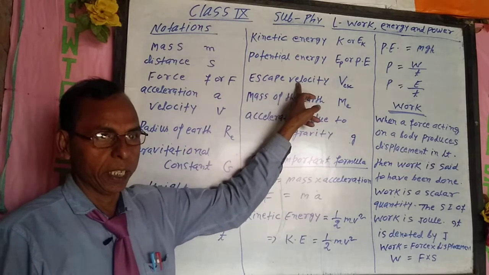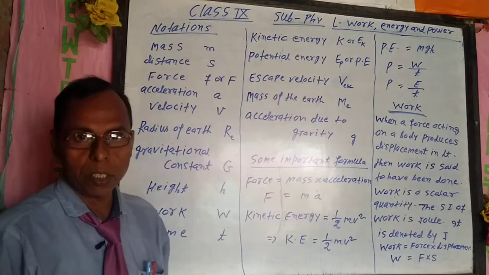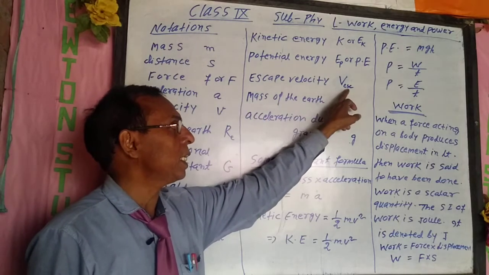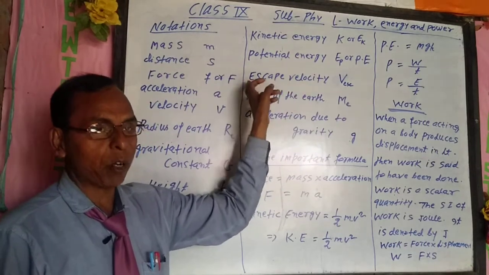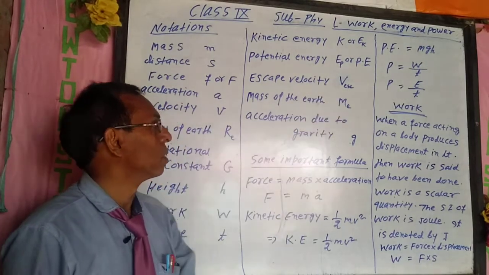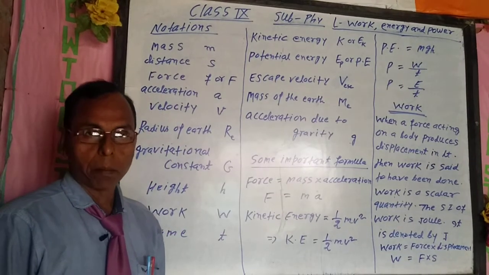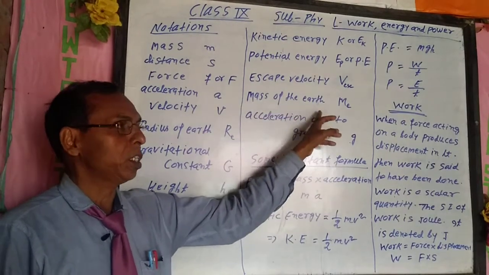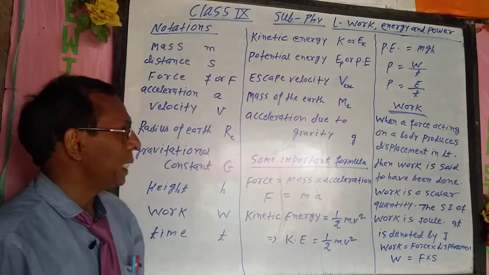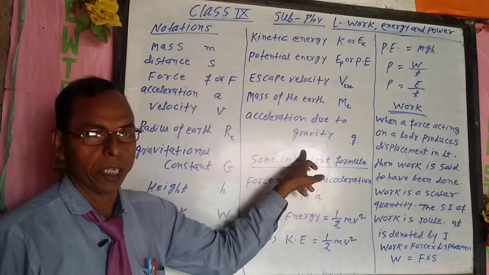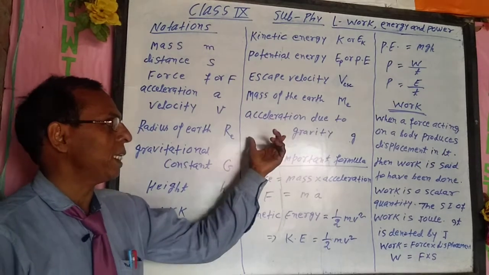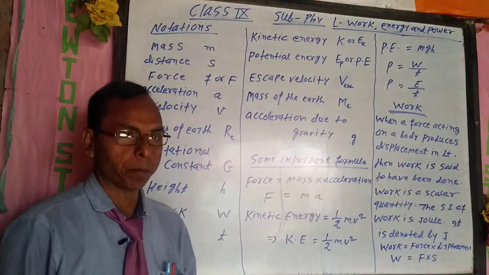Escape velocity is denoted by VESC. Mass of earth is denoted by capital letter ME. Acceleration due to gravity is denoted by a small letter g.